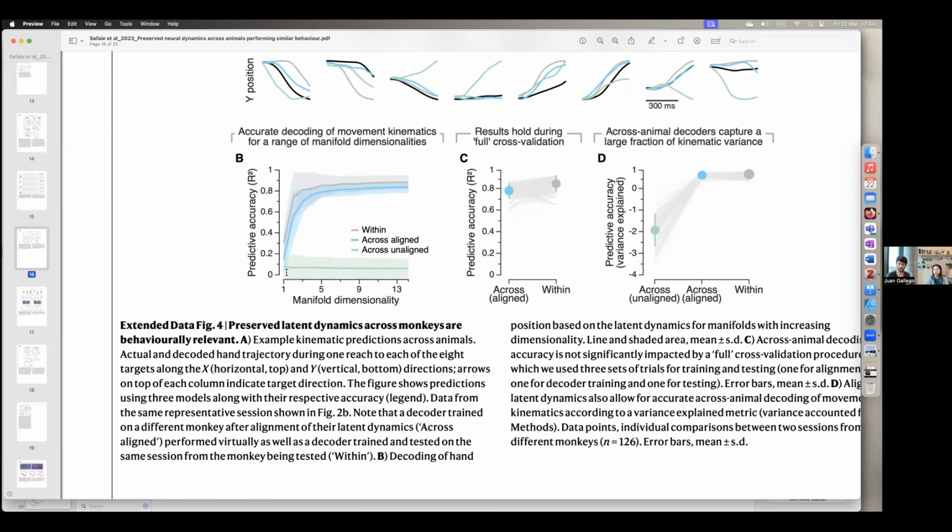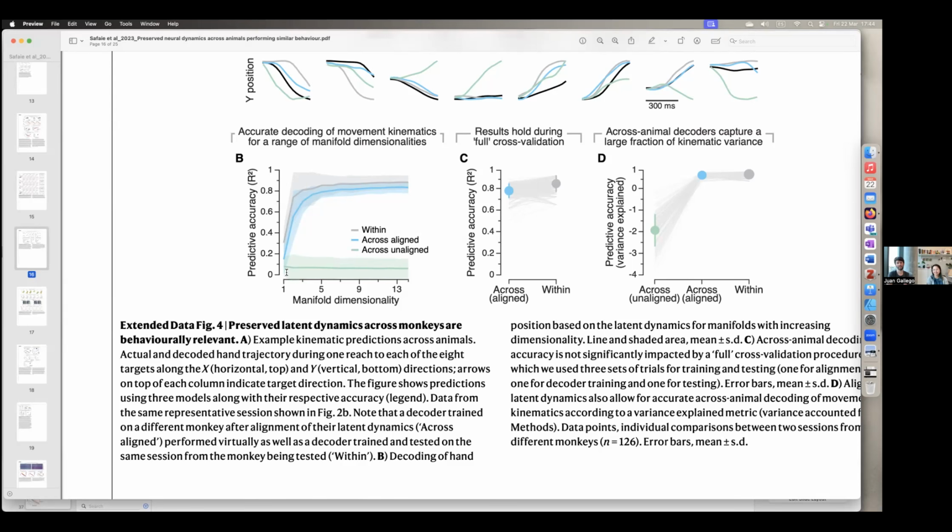We should try that out. Because if it's just the moving versus non-moving PC that aligns across animals, your paper would be a little bit trivial, right? Because then it would be just that in both animals, motor cortex becomes more active when you start moving. Yeah, but then you wouldn't be able to decode the continuous kinematics. You would only be able to as an extreme point, that's the main point.